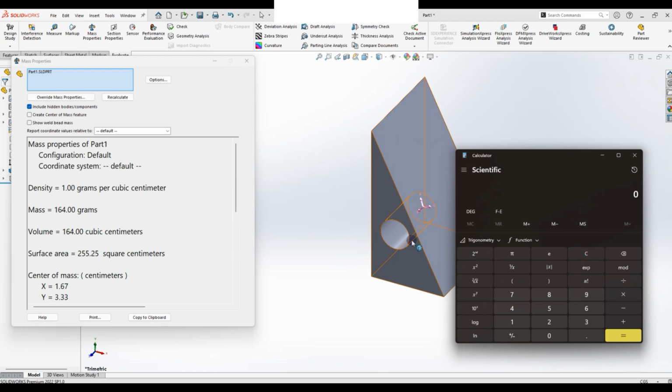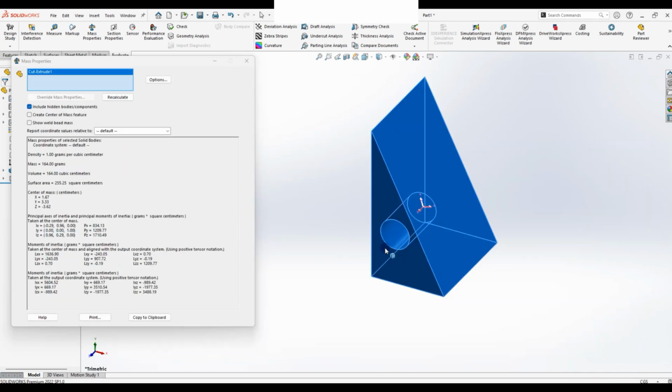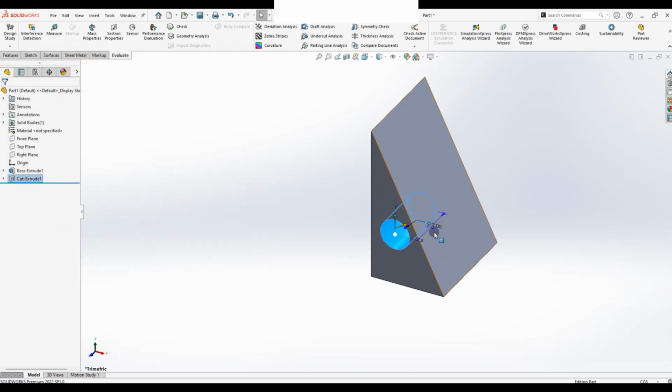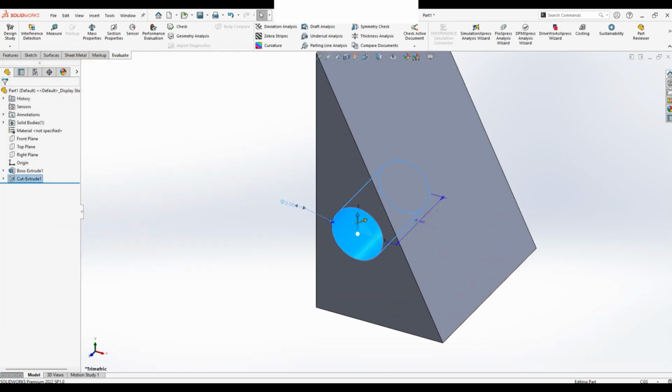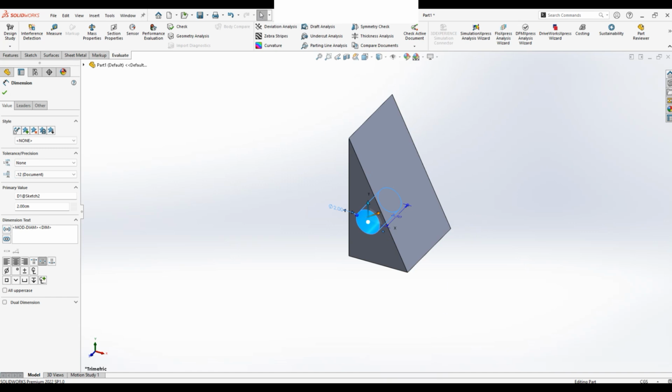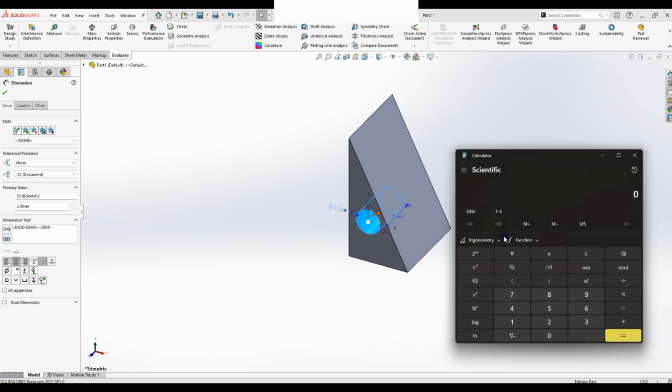Okay, first we're going to find this cutout volume. So we know the cylinder volume formula is pi r square h. We gave 2 centimeter diameter, so we need the radius, that is 1 centimeter is radius.